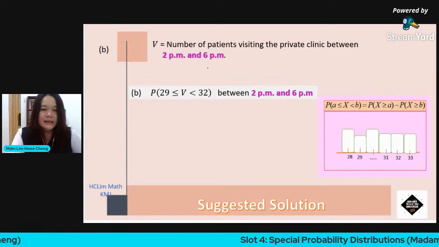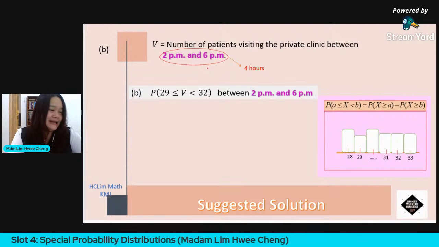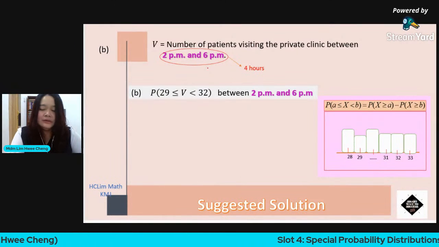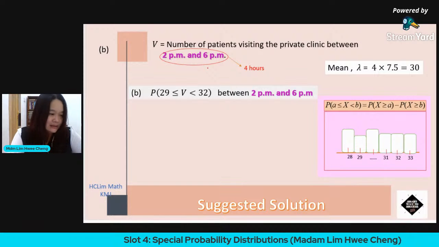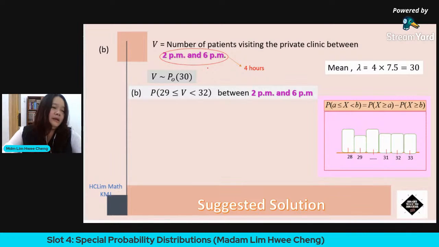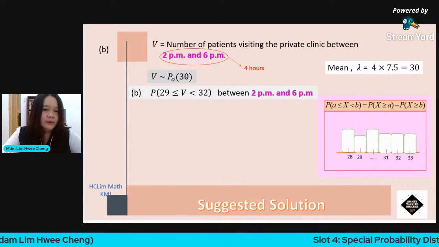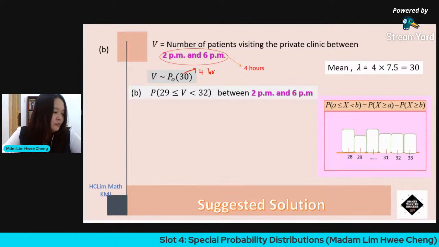So the time interval is 4 hours. So once again we need to change the mean. Remember to change the mean. Don't simply read. So that means the mean lambda now becomes 30. So we have V as the number of patient visits for the 4 hours.